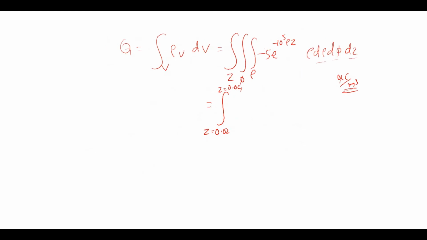Phi is an angle, so there is no conversion, so it is 0 to 2 pi, the complete angle, and rho is 0 to 0.01, minus 5 e to the power minus 10 raised to 5 rho z, rho d rho d phi dz.